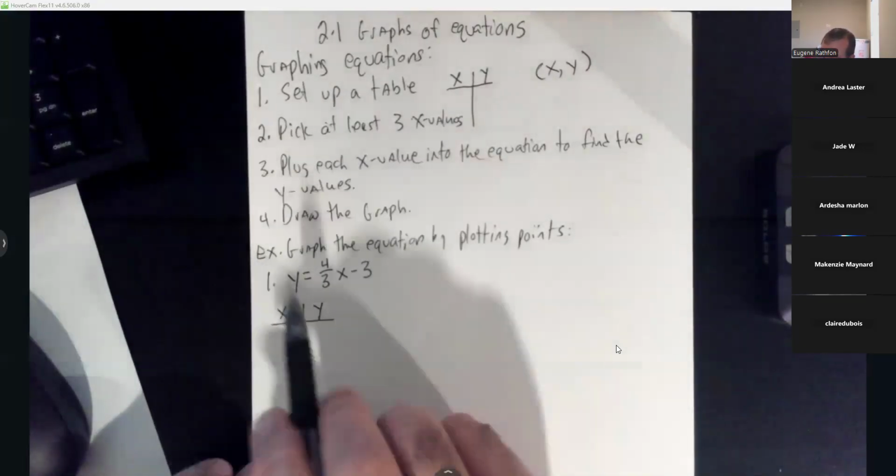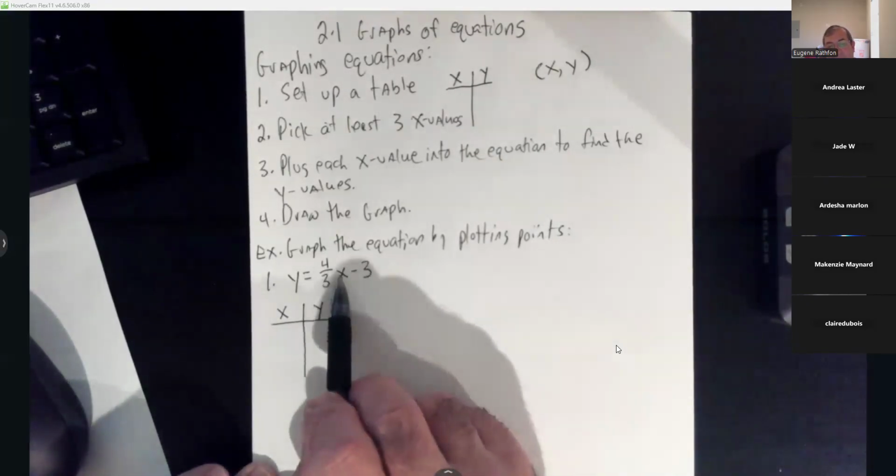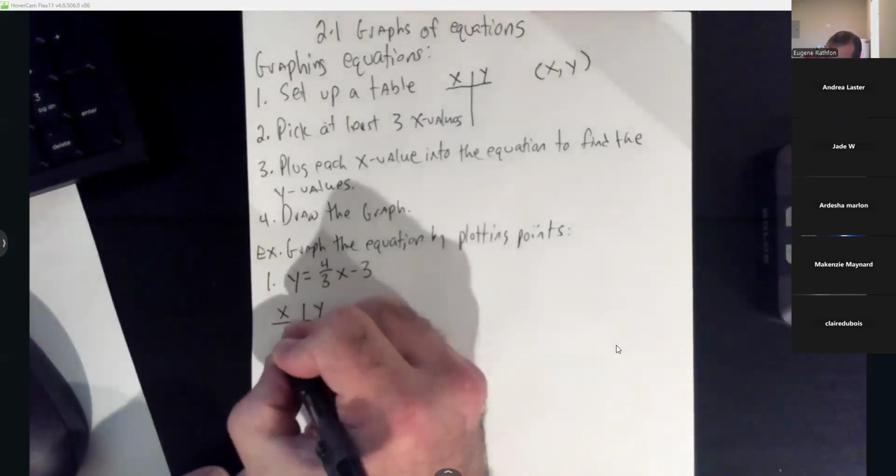Now, here's the thing on this one. I'm sort of picky what x's I use when I got fractions in front of that x. Okay? Now, I will use 0 for my x.